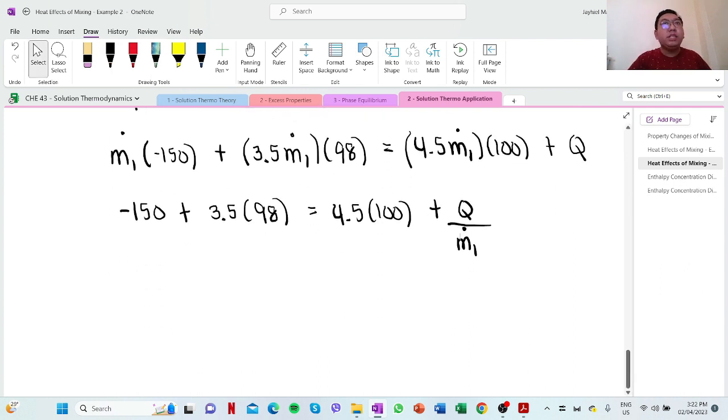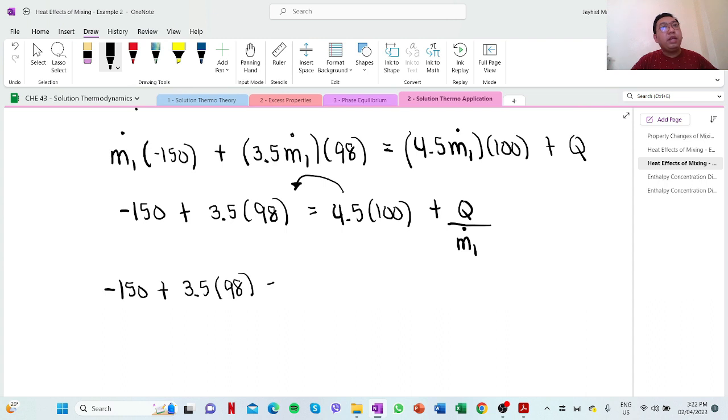So, to solve this, I think I can transfer this one. That will be negative 150 plus 3.5 times 98 minus 4.5 times 100 is equal to Q over M1 dot. That's essentially the, how do you call this? The heat per kilogram of initial sulfuric acid. So negative 150 plus 3.5 times 98 minus 4.5 times 100.